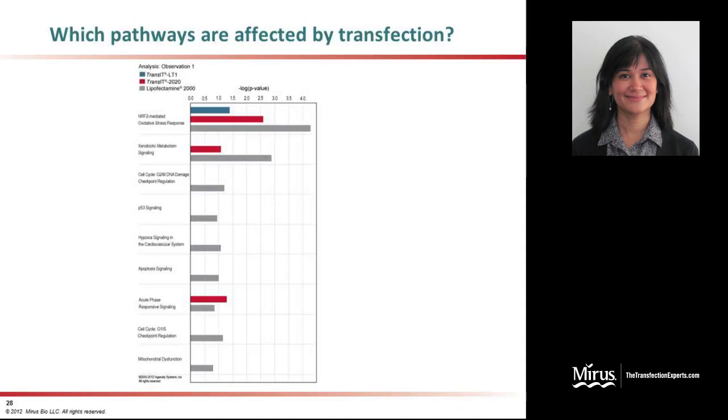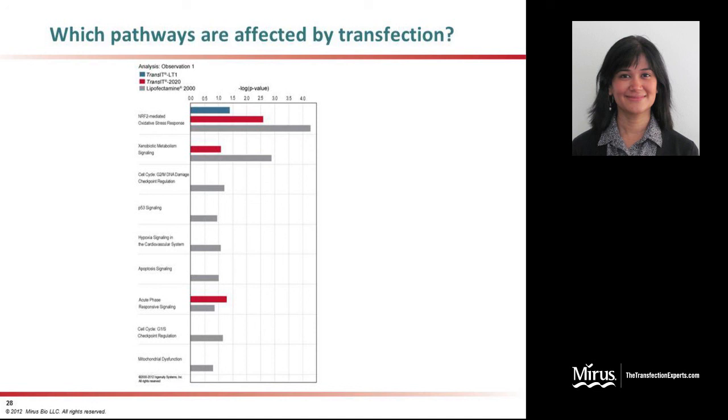Could these gene expression changes be affecting the pathways that you're studying? We conducted pathway analysis using the Ingenuity software on these RT-PCR results, and we found that the most overrepresented pathways that were affected by transfection were associated with oxidative stress response and xenobiotic metabolism.